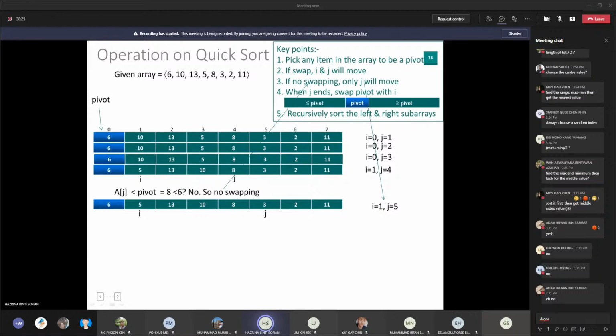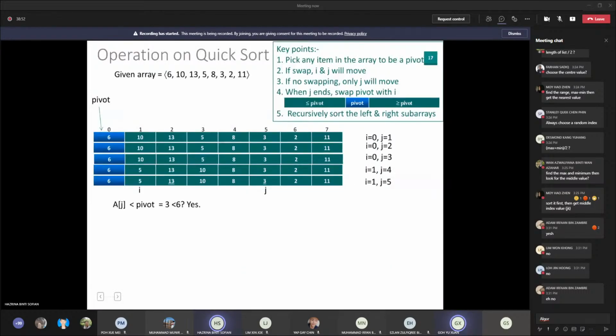Can I have Goh Yu Zuan to help us? Goh, are you there? Yes. Okay. So what happened now? Compare the j with the pivot. And then the j is smaller than the pivot, so i plus 1, j plus 1.